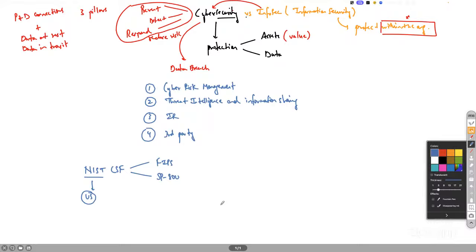So you as an individual, you don't need to learn these documents. You don't really need to mug up the content, but you should really know what NIST CSF is. Why do you need it? Why FIPS? What is Special Publication 800? What is Special Publication 1800? What do they cater to?